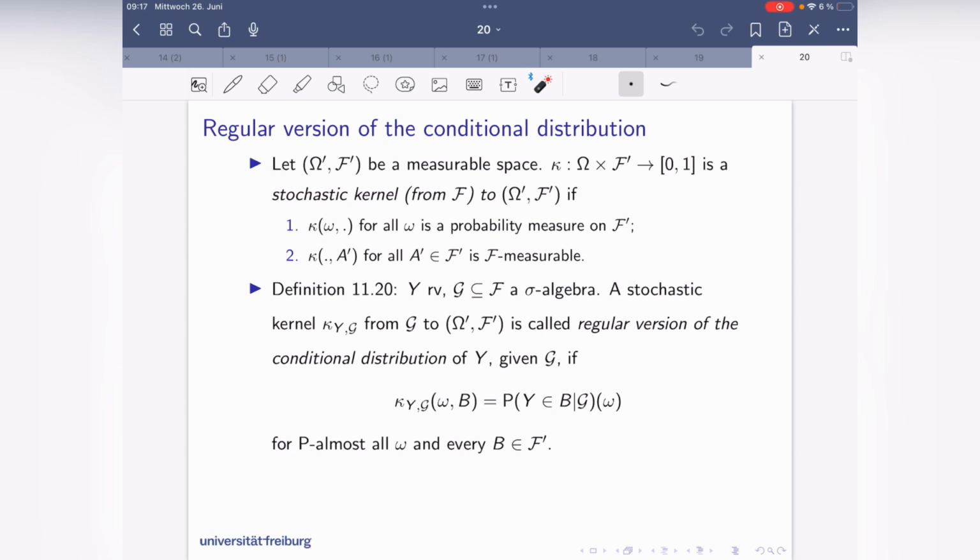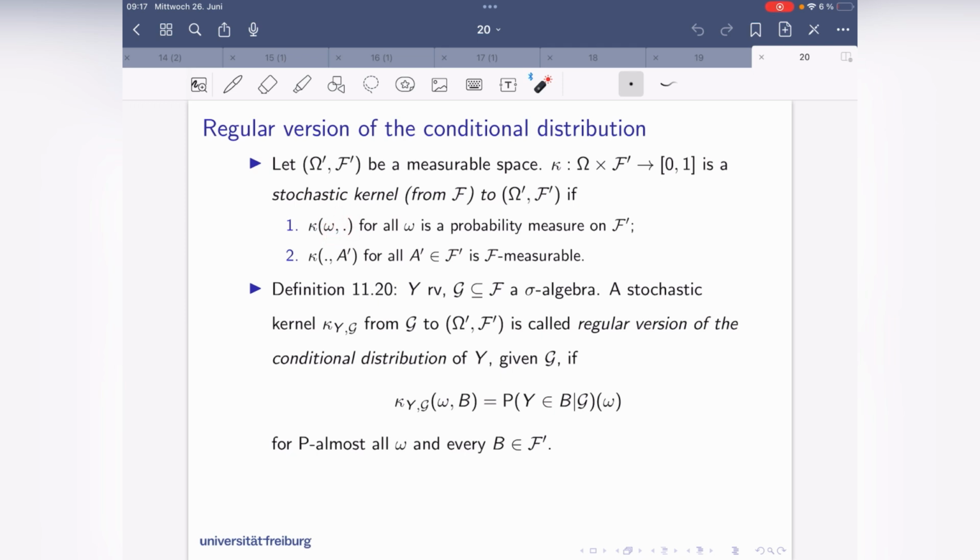And it works on nice spaces. That's the next slide. But here I'm going to explain to you what we want to have, which is a so-called stochastic kernel from F, which is my ground space, to some other measurable space. That's called kappa. The first variable is an omega, and the second variable there is a set.